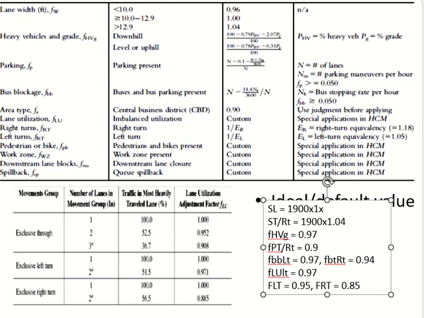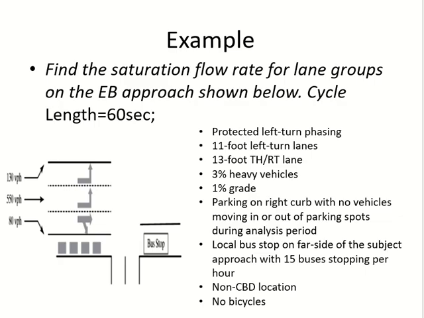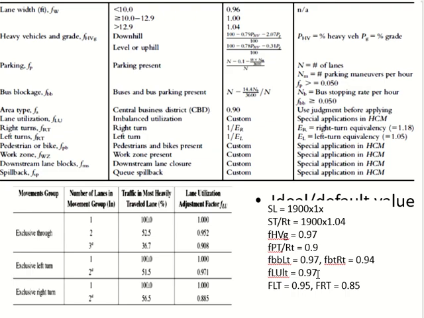Clear? We have 3 lanes here, and all of them have either left turning or right turning. So you use the left turning factor for the first 2 lanes and the right turning factor for the last lane. But if I add a lane which is only for through movement, that lane will not require any left or right turning factor.